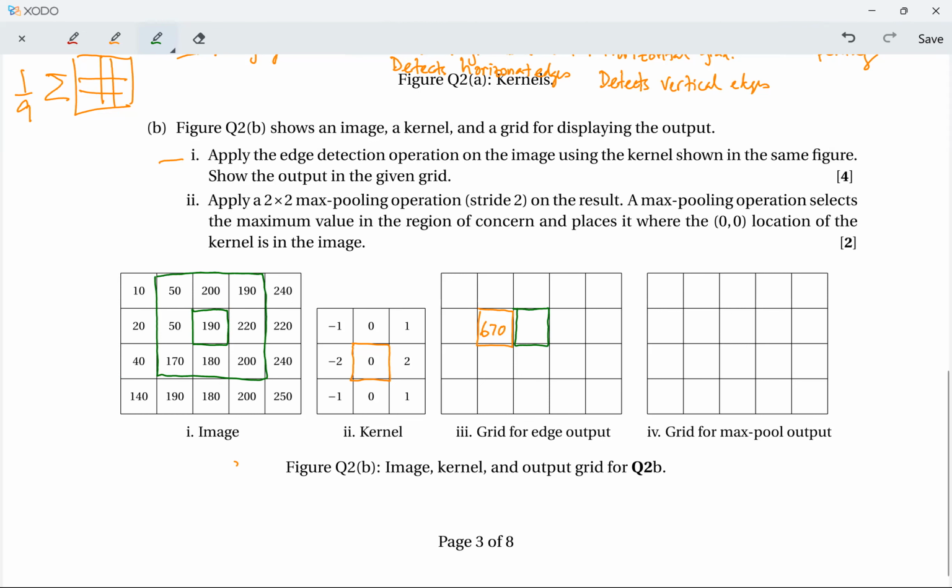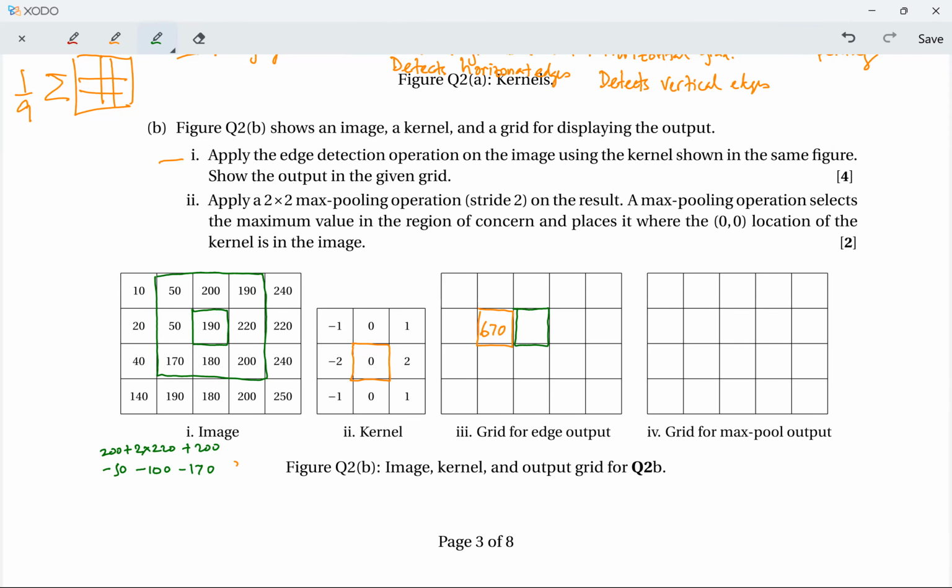So minus 50, minus 100, minus 170, 200, plus 2 times 220, plus 200.